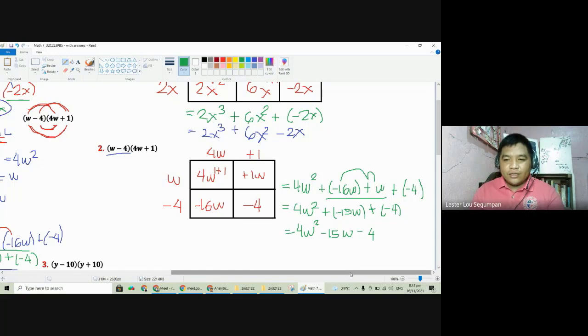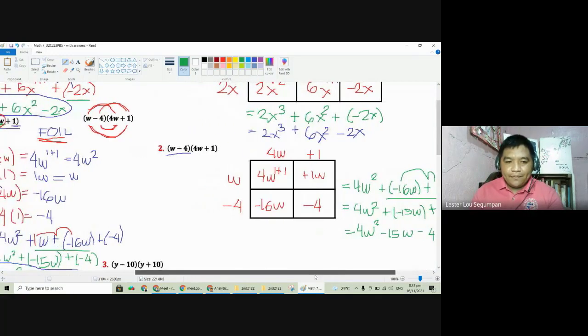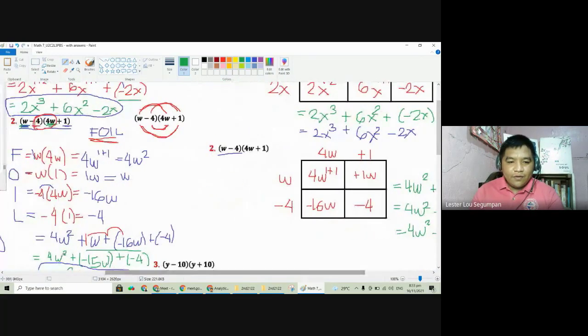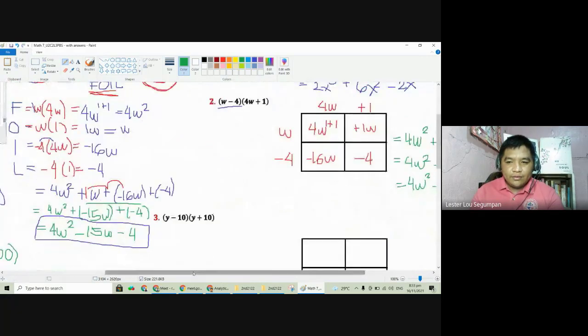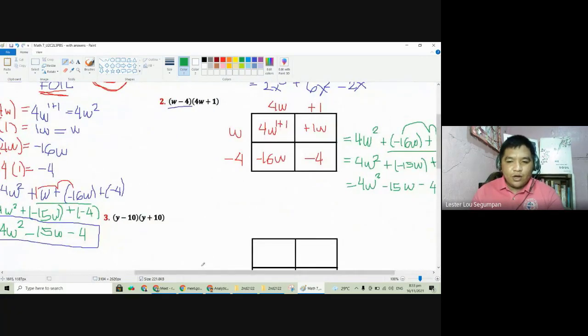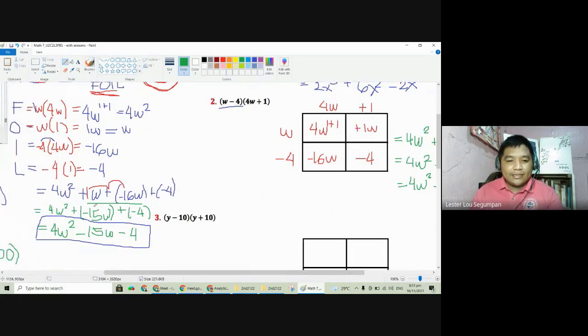Looking at the result in the previous step, you have 4W squared, minus 15W, and minus 4. It's still correct using this area model. Notice the difference in our steps. One of the differences I would like to highlight is this.